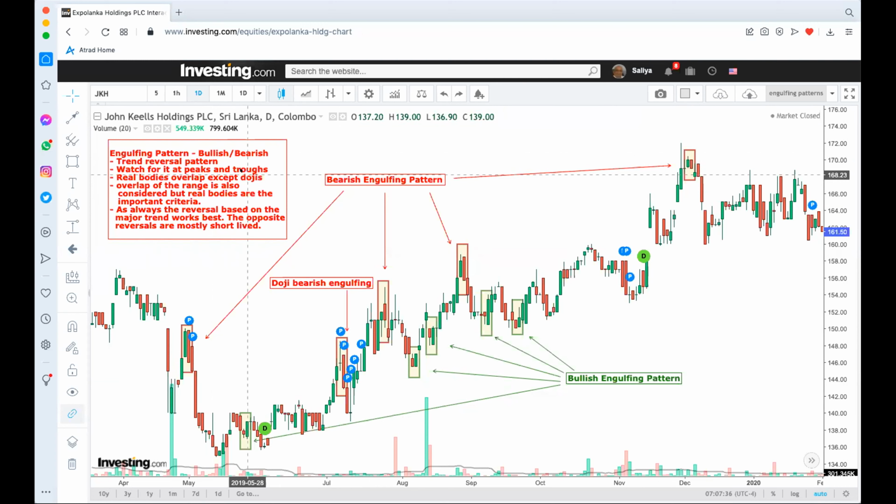This is a trend reversal pattern, and we normally watch for this formation most of the time. To make use of this pattern accurately, we need to wait for the peaks and the troughs.